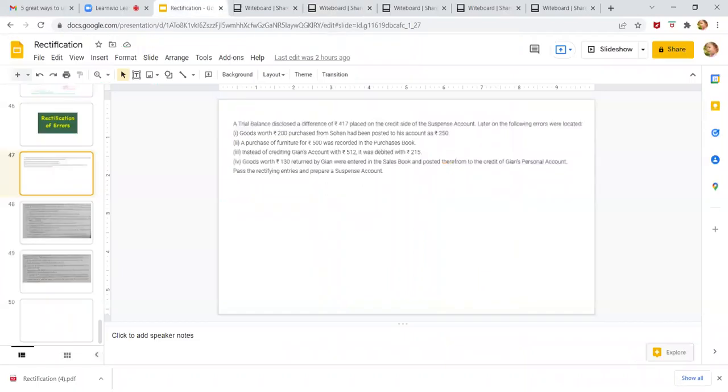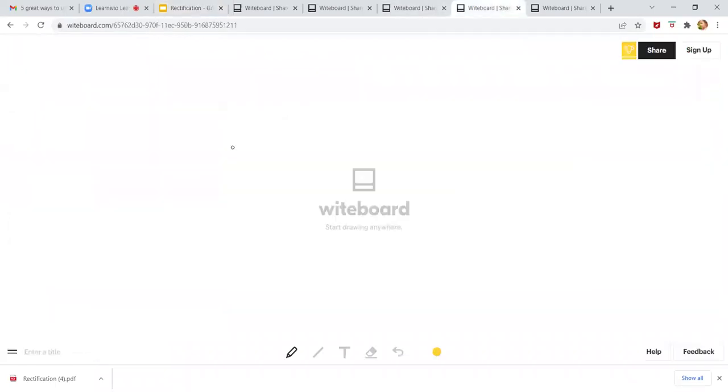So in the fourth part, goods worth rupees 130 returned by Jian were entered in the sales book and posted therefrom to the credit of Jian's personal account, right? So basically what is happening here, goods worth rupees 130 returned by Jian. First, tell me the journal entry for this.